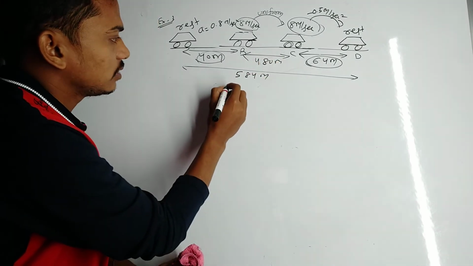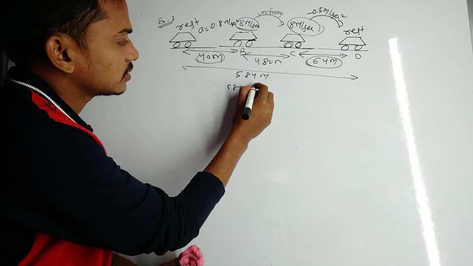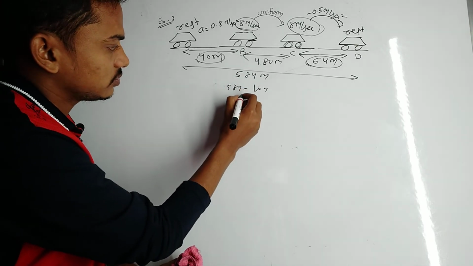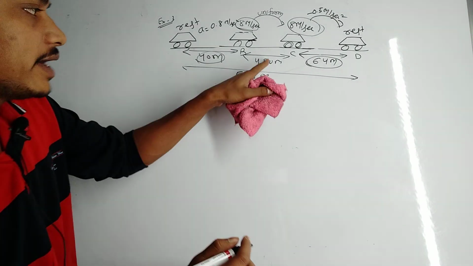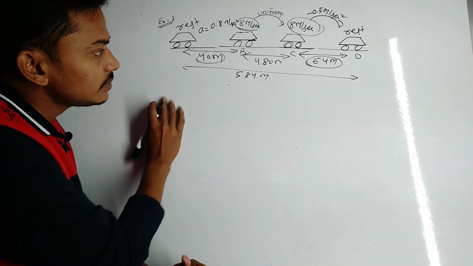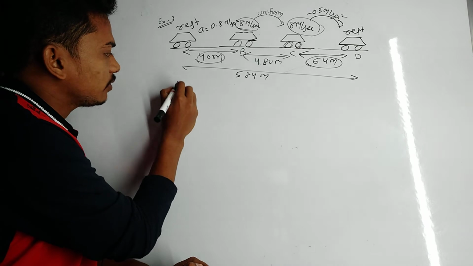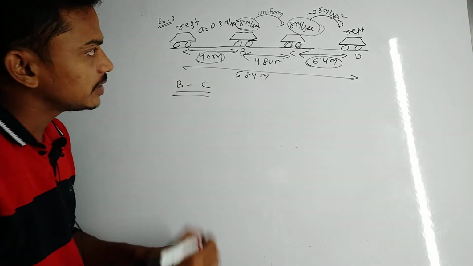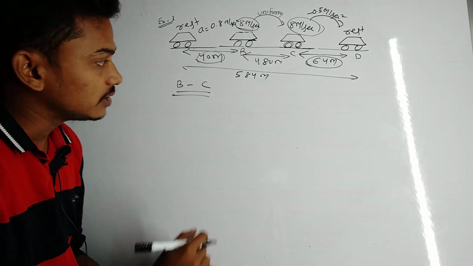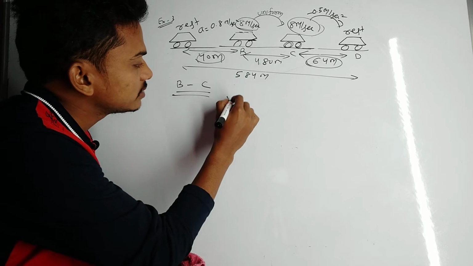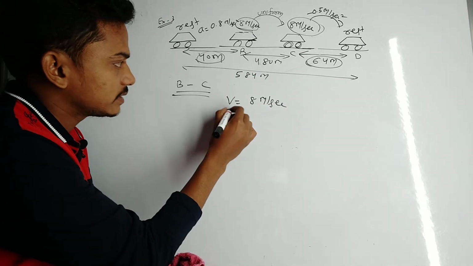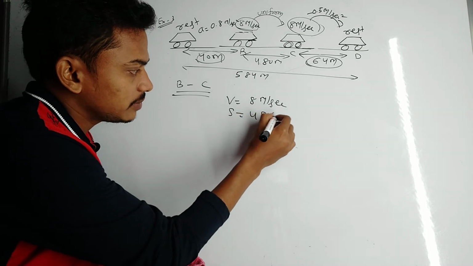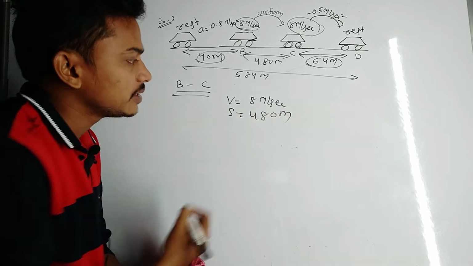Now consider the motion from B to C. The velocity is 8 meter per second, and the distance is 480 meter.